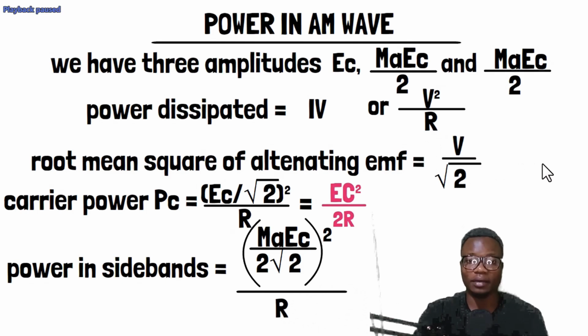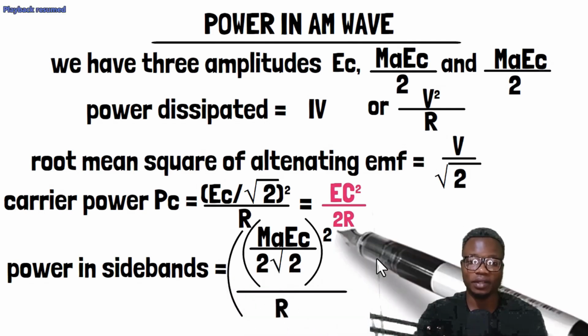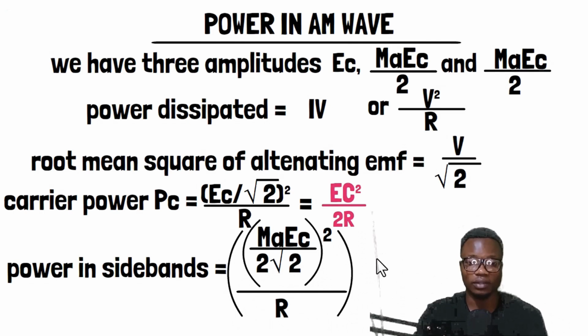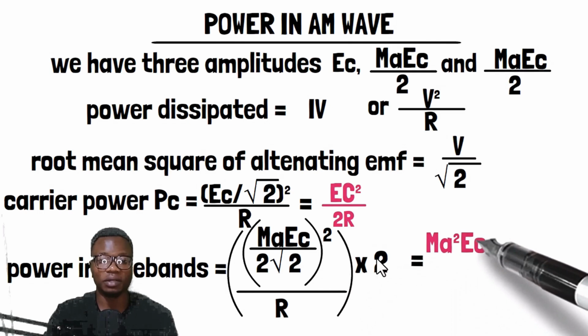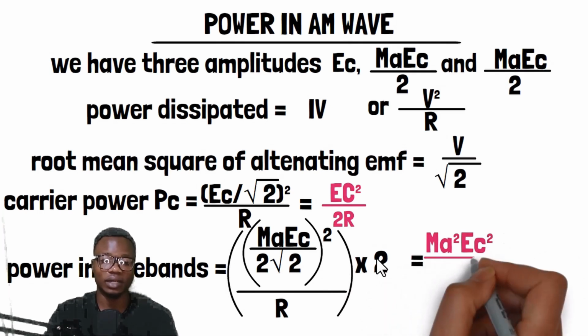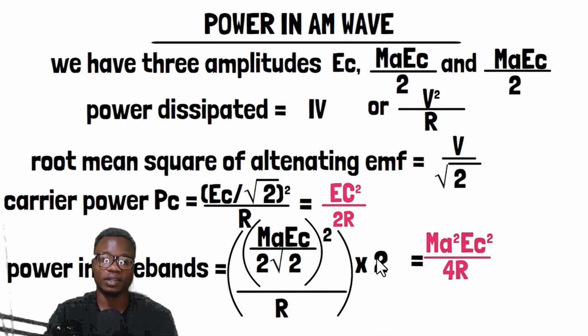But remember, I told you we have 2 sidebands. We have the upper sideband and we have the lower sideband. So this power will be multiplied by 2, simply because we have 2 sidebands. So we multiply this whole value times 2, which will be equal to MA squared EC squared divided by 4R.